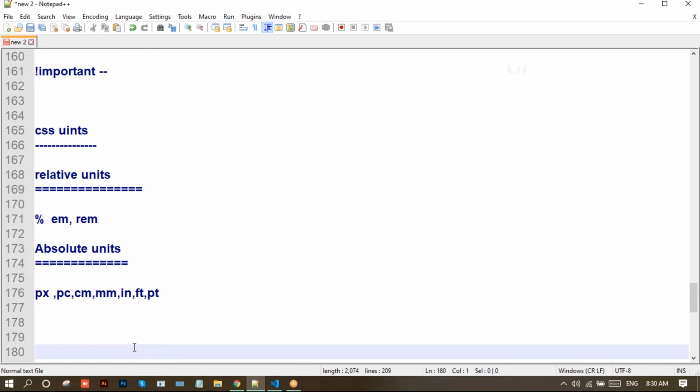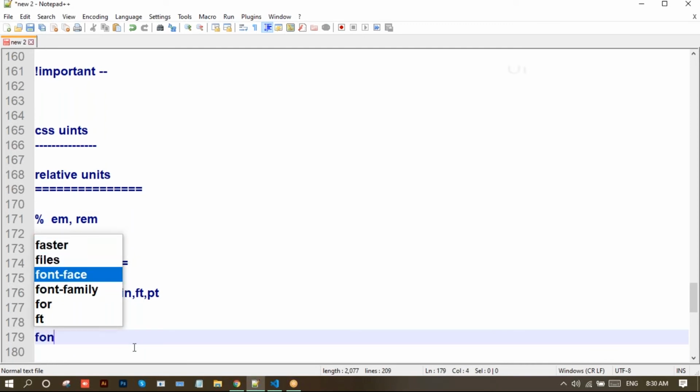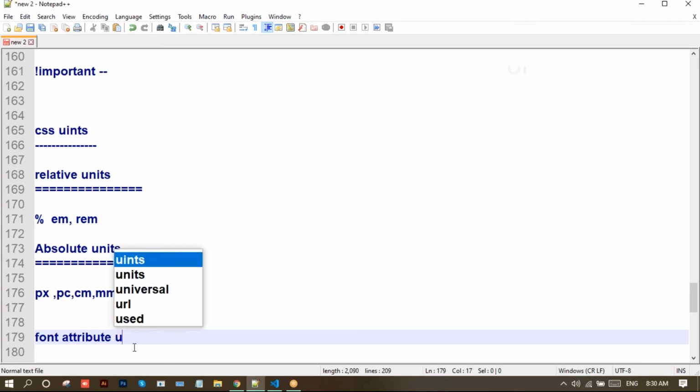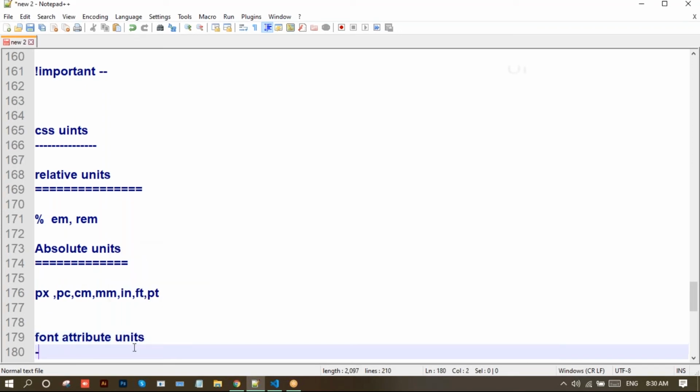So these are the fixed units. Fixed means once we set these units, we can't change the values here. That is the absolute units available in CSS.